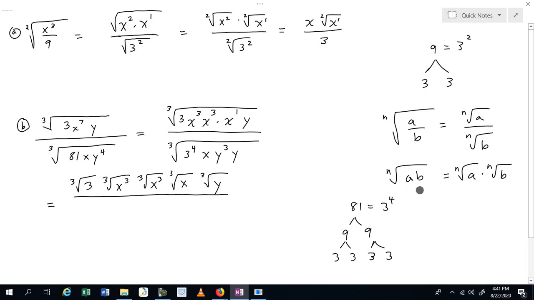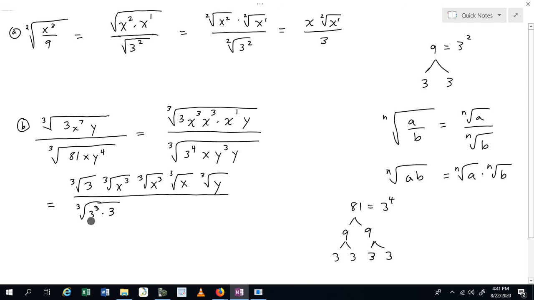And remember, we can do that because of this property. Same thing on the bottom, cube root of 3 to the 4th, and actually what I'm going to do is write that as 3 cubed times another 3, because I want to match the index.